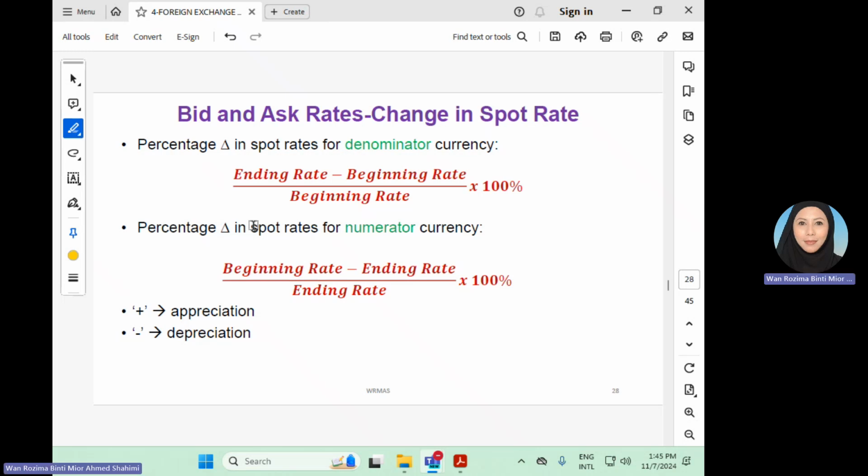25%. So we need to say that the British pound has appreciated against USD by 25%. That's a simple interpretation, and I will make sure that you know how to interpret. Since the answer is positive, it shows that the denominator has appreciated.